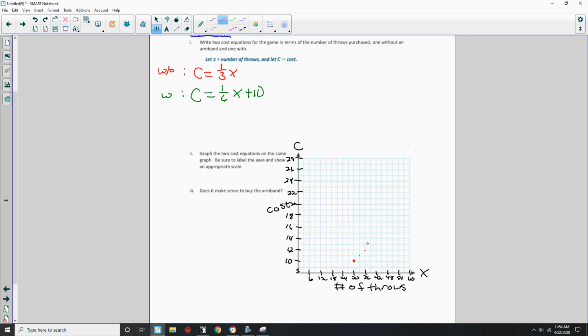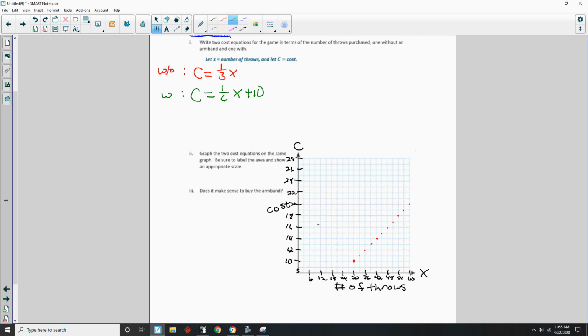So if I go up 1/3, that's right here. Up 1/3, up 1/3, up 1/3, and so on. So let's just check my last one. If I throw 60 times, 60 divided by 3 is 20, and if I come over here, I'm at 20. So there is my graph for number of throws starting at 10.